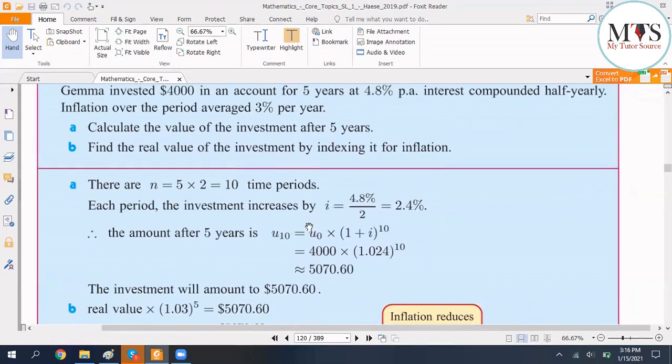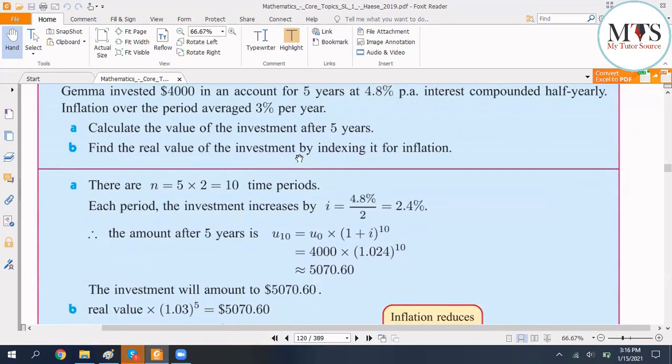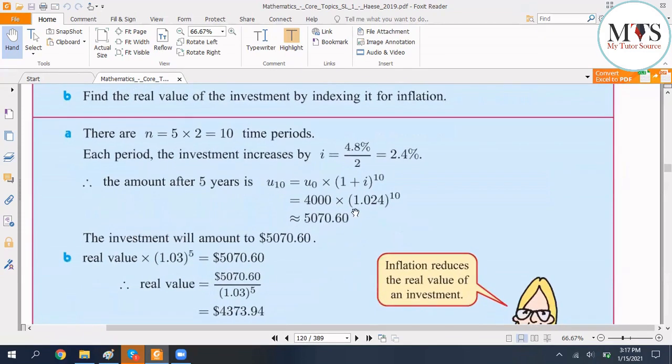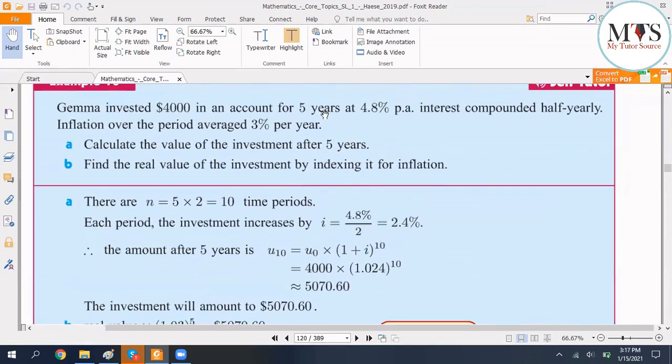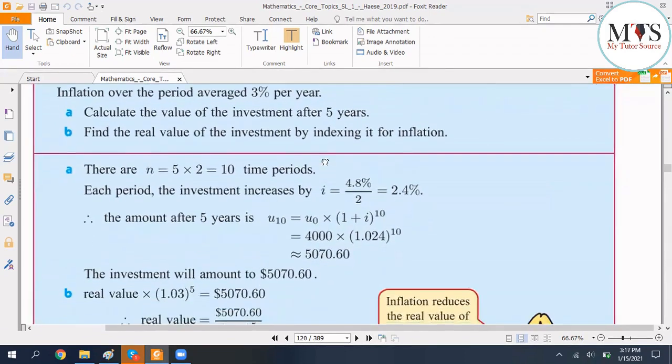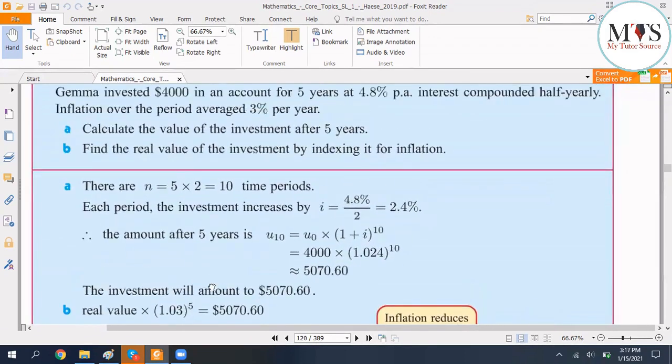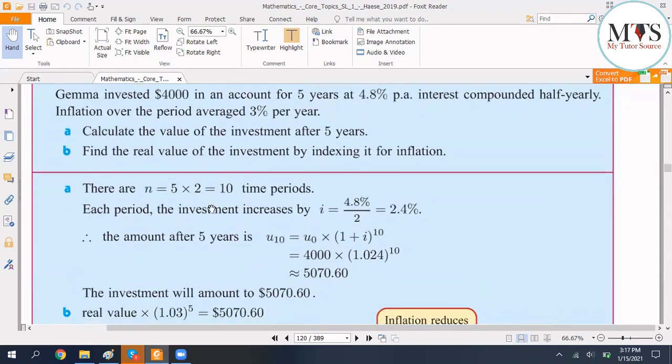Then the second part is find the real value of the investment by indexing it for inflation. So now we're going the other way around. We're finding the initial value with the help of the new indexed value. It was indexed with respect to 5 years, so it would be 1.03 to the power of 5, because the inflation rate is 3%.